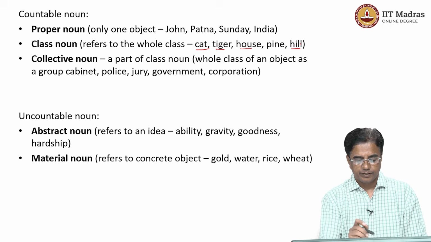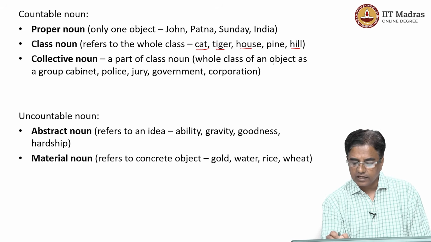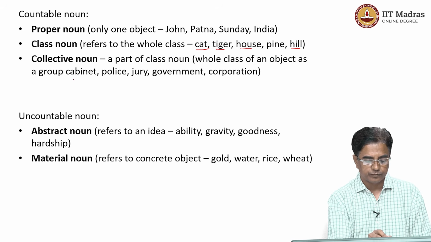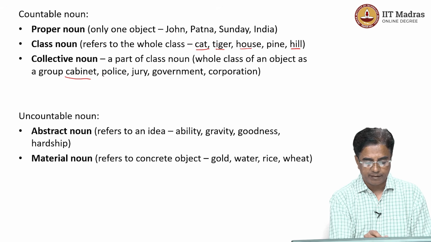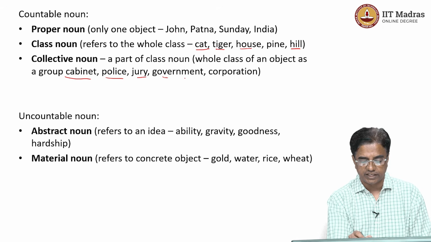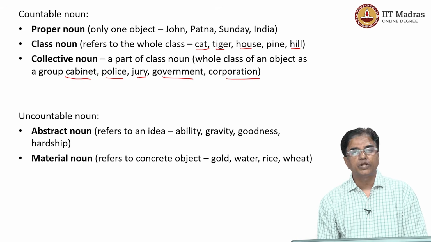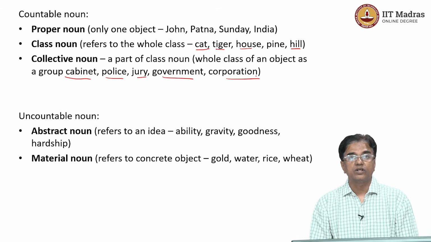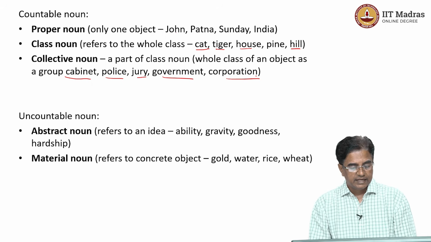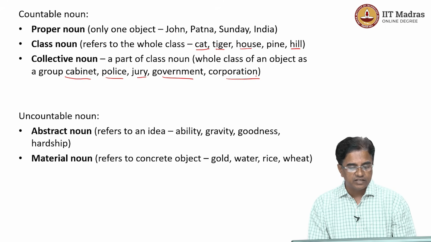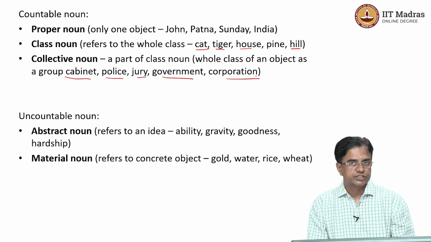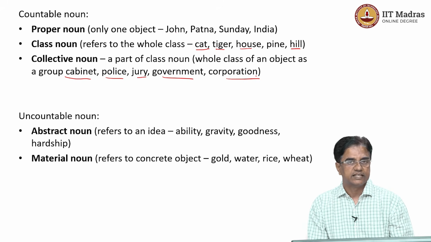There are so many words which are called class nouns. Collective nouns refer to a whole class of objects as a group. So words like cabinet, police, jury, government, corporation, these are called collective nouns. And uncountable nouns are always abstract nouns or material nouns, where it's not possible to count them, as the name suggests.